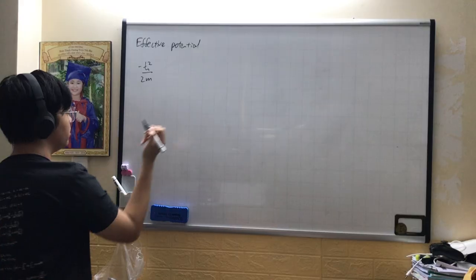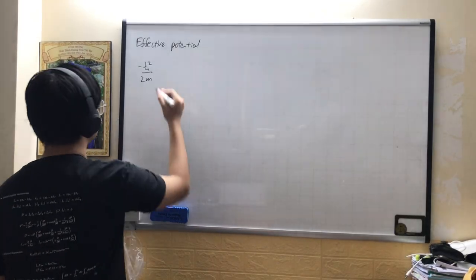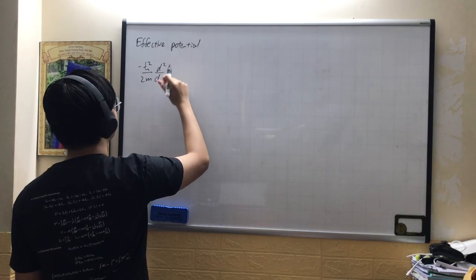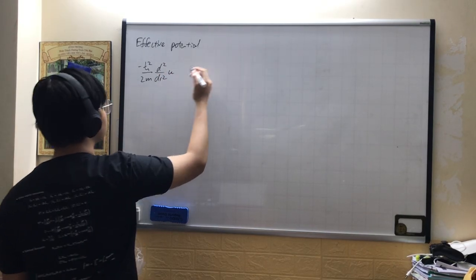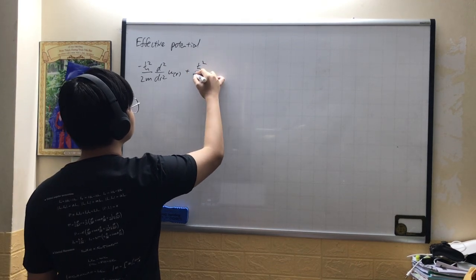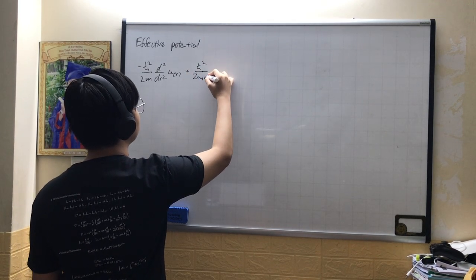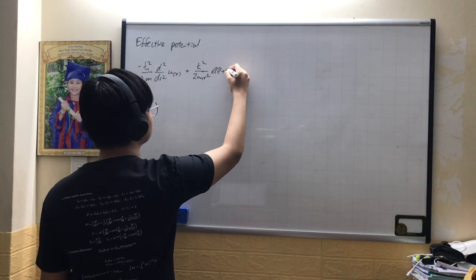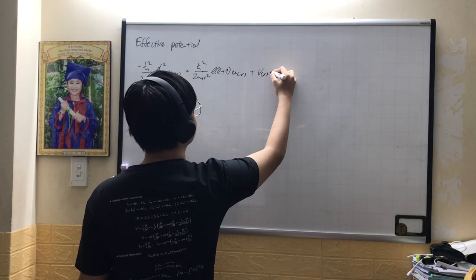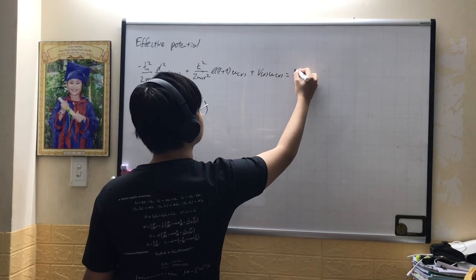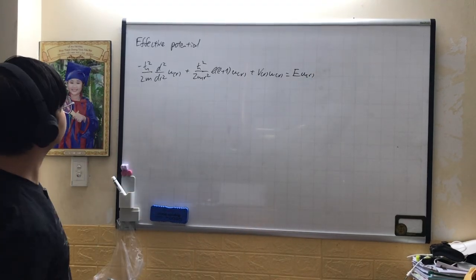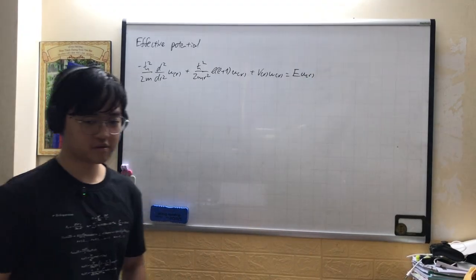Our Schrödinger equation for central potential: d squared dr squared, U as a function of r, squared over 2m, plus V of r U of r. Okay, so take a look at this Schrödinger equation.